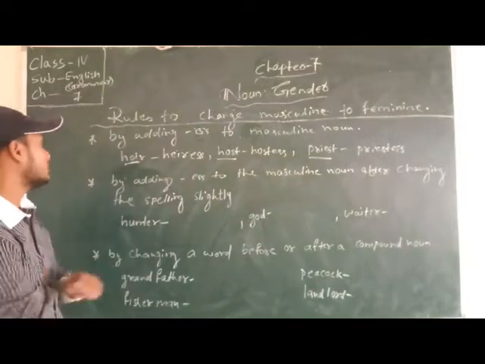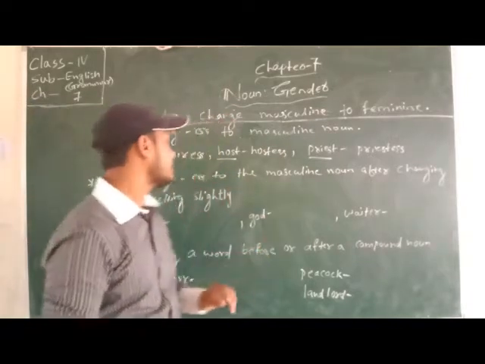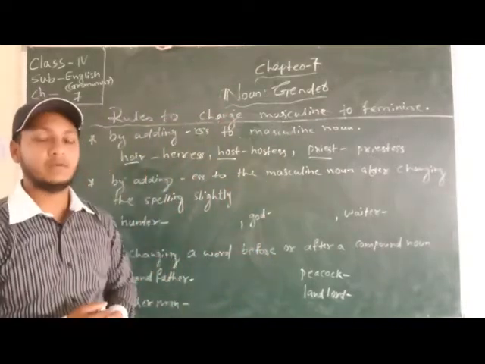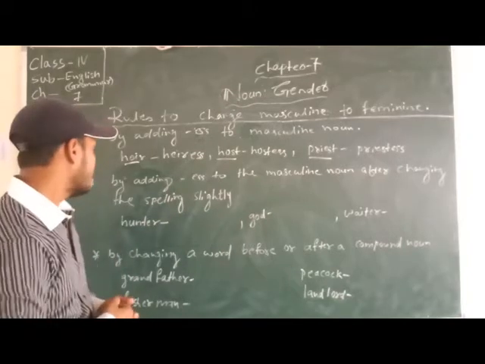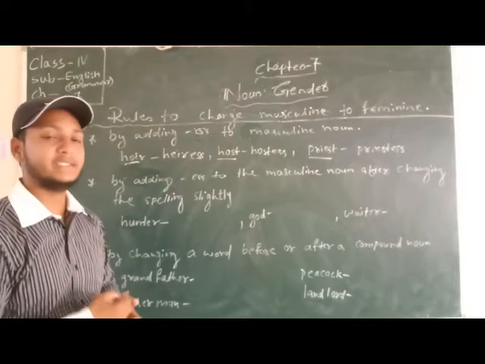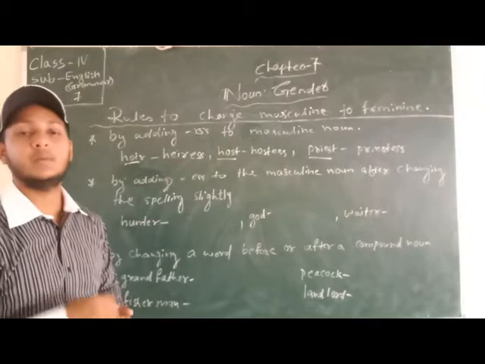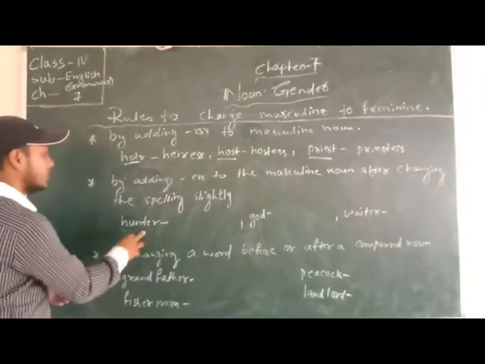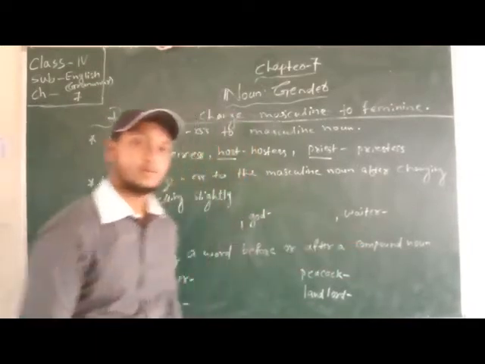Then come to the second point: by adding ess to the masculine noun after changing the spelling slightly. We can also change some masculine nouns by changing their spelling slightly in order to make them feminine nouns. These are all masculine nouns: hunter, god, waiter.